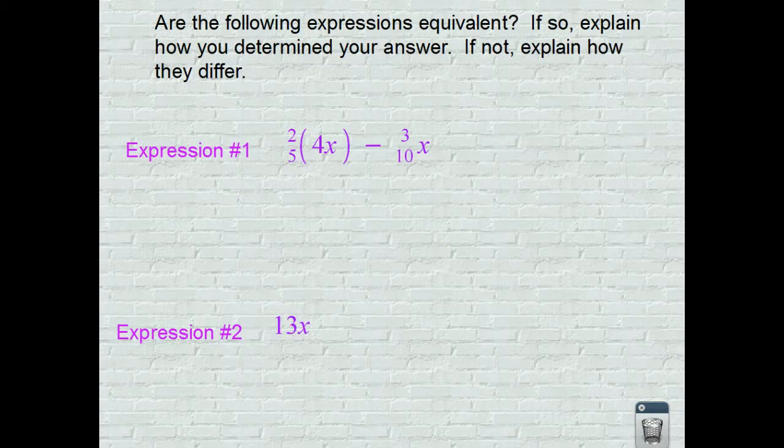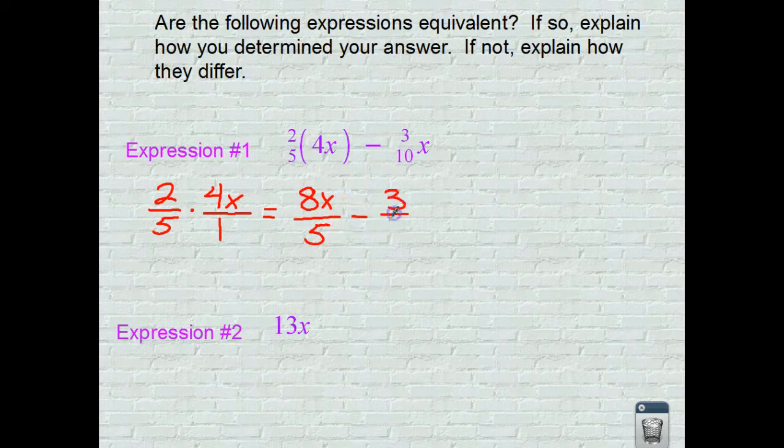So we have 2/5 times 4x. And that would be 4x. We could put it over 1, and that doesn't change the value. It still means 4x. So 2 times 4x is equal to 8x over 5, subtracted by 3/10 x.